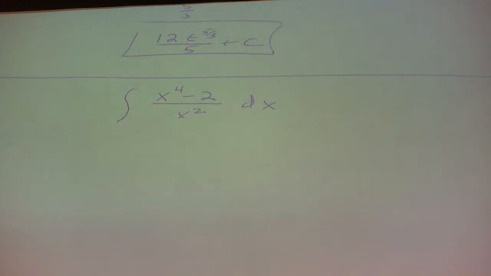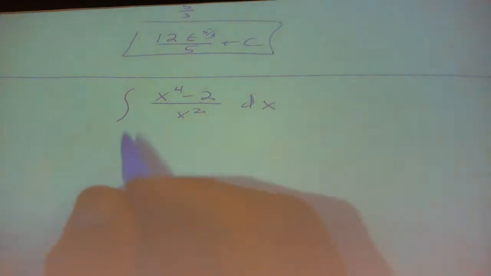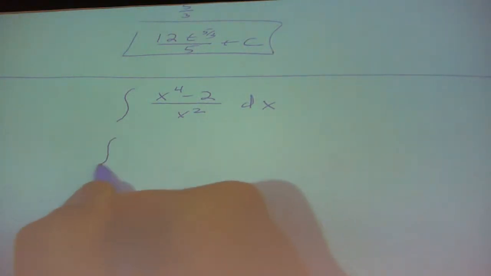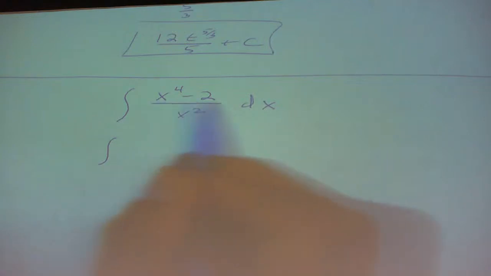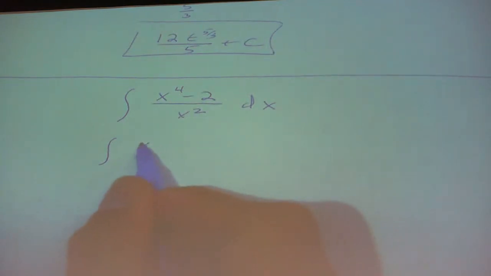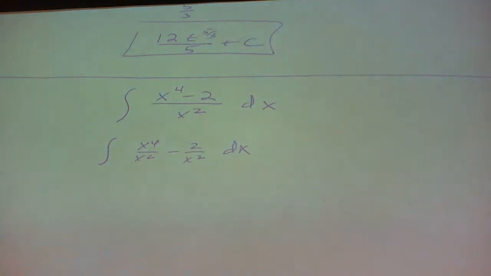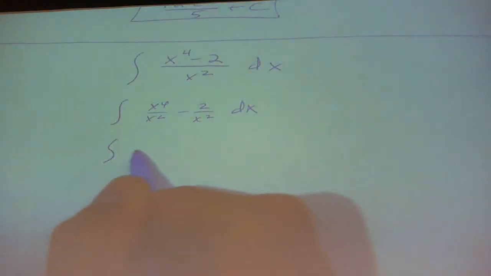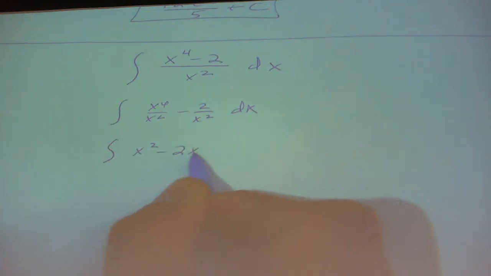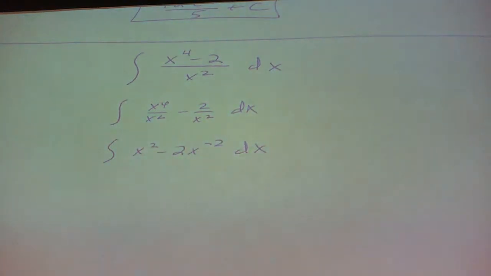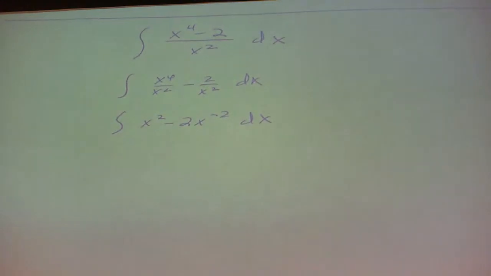What's being divided by x squared? First, second, or both? Both. So this would be x to the 4 over x squared minus 2 over x squared dx. That could be simplified to x squared minus 2x to the negative 2 dx. So again, you may have to simplify first, then take the integral. Have I taken the integral yet? No, I just simplified. Now take the integral.